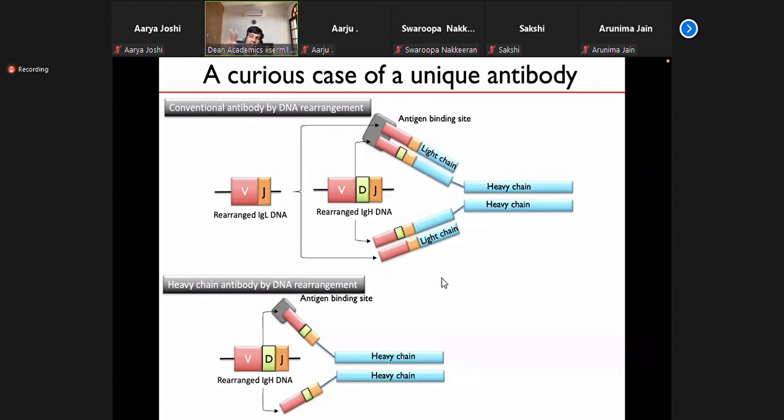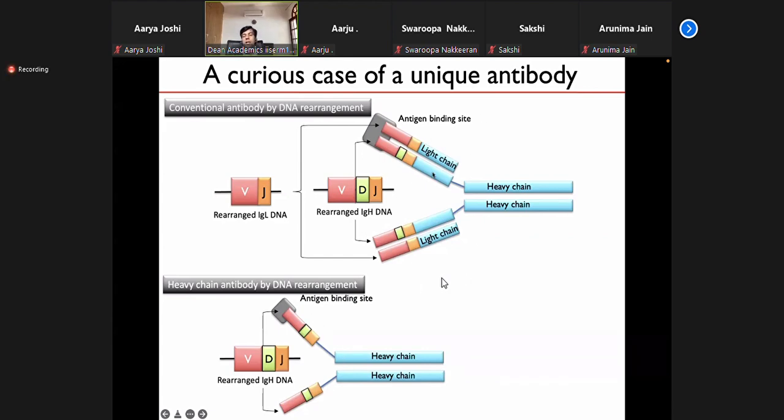They don't have a light chain in the structure. And if you look at the structure, even the heavy chain is truncated. It does not have the first constant domain in the heavy chain. So they are much shorter than your conventional antibodies.